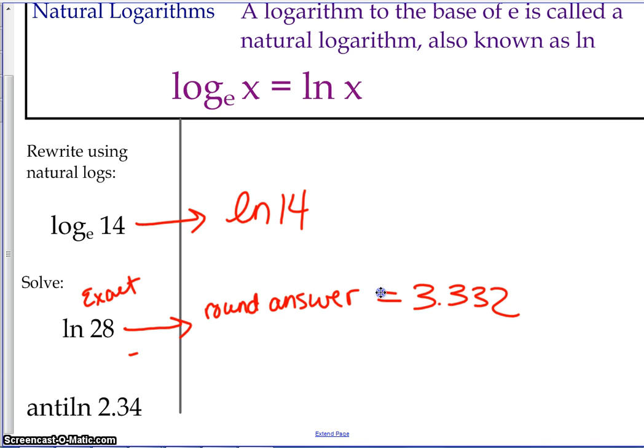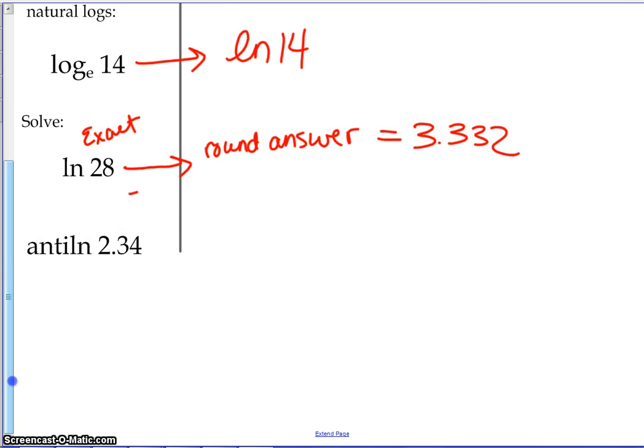Anti-log is a lot like natural log, where we're taking the inverse of our natural log. The inverse of our natural log is e. e and natural logs are inverses of each other, and they undo each other, I guess is a good way to say it.